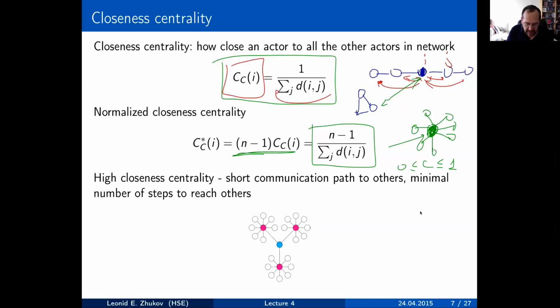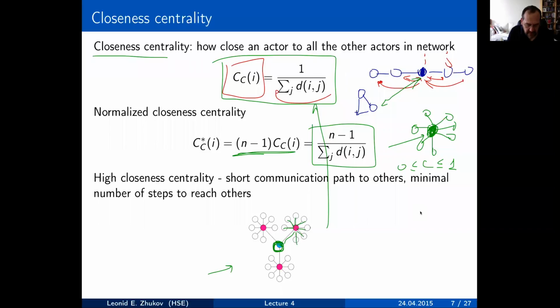So if we look at this example, the node that has the highest closeness centrality is this blue node. It's right here. And why is it so? Well, you can think about it the following way. If we start calculating those distances from the central node, we have a one-step distance to that node. To each of those nodes, there are 2 steps to reach, and you do it for all of them.